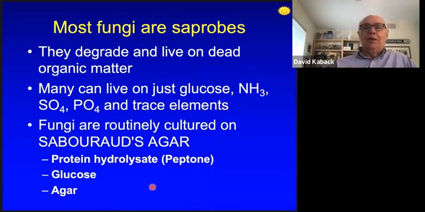Okay, very important lesson up here. Fungi are saprobes. As I mentioned, they're nature's recyclers. They usually degrade and live on dead organic matter. And that's because they produce a whole lot of hydrolases that can degrade organic polymers. And as a result, they degrade these organic polymers and take up the subunits.